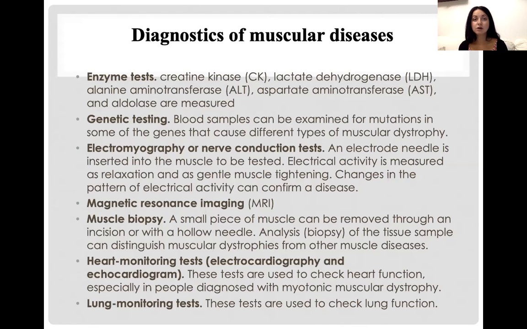It is a way to register the electric biopotential of the muscle during contraction, and how it is spread through the whole muscle and how it is coordinated.